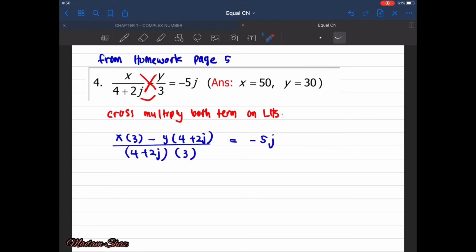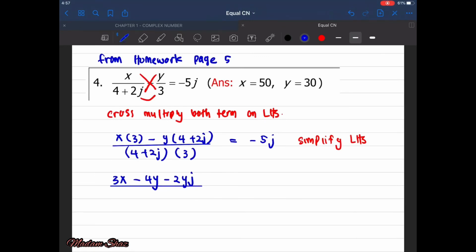So cross multiply means that x multiplies with the 3, minus, because we have a minus operation, y multiplies with the 4 plus 2j, and the denominators multiply with each other. Simplify the left hand side. x multiplied by 3 will become 3x, minus y multiplied by 4 is minus 4y, y multiplied by 2j is negative 2yj.